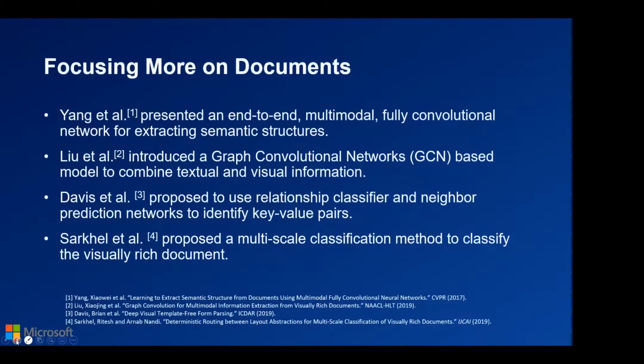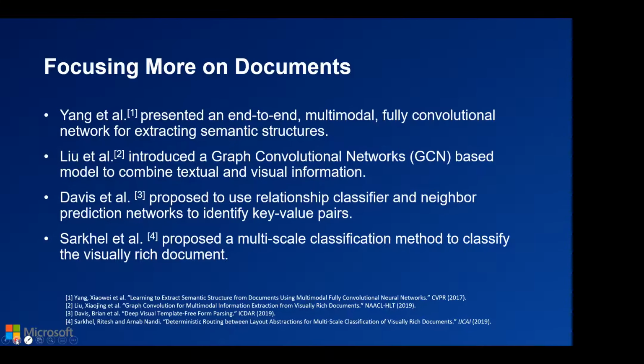But without going into details for those visual linguistic works, let's focus a bit more on documents. Documents are somewhat different from these visual linguistic works, at least the type of input is different. We have quite a few existing works on this.